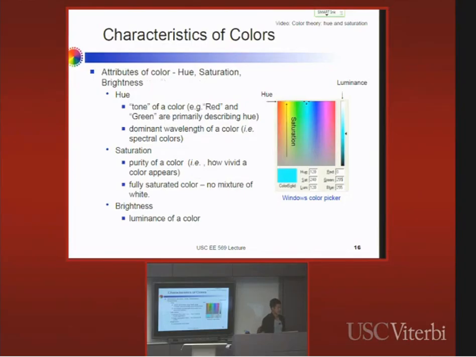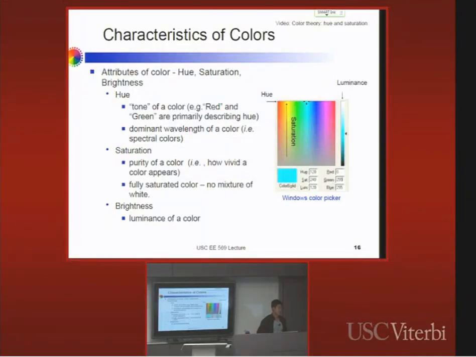Some characteristics of colors. You might be familiar with this if you use a lot of Photoshop, because when you want to select a color, some people still use RGB, but some people instead use hue, saturation, luminance, because it's more intuitive. Hue determines whether this is a red or a green, the type of color.